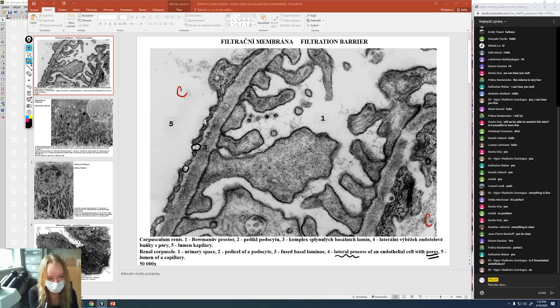So let's go back. These are the pores of the endothelial cells, and these things right here, which I'm drawing, are small parts of the podocytes, because the podocyte itself, I'm going to show you on the presentation so you can visualize that better.